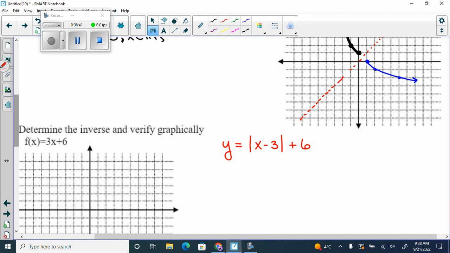If you want to graph it on your calculator, I'll remind you where the absolute value function is. You go to y equals, then press math, over to num, and it's number 1.